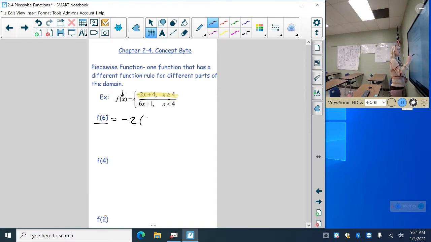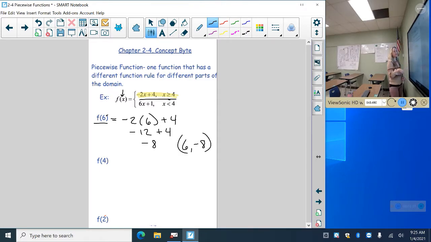So I have negative 2 times 6 plus 4, which is negative 12 plus 4, which is negative 8. So my answer is an ordered pair, (6, negative 8), where the x value is 6 and the y value is negative 8.